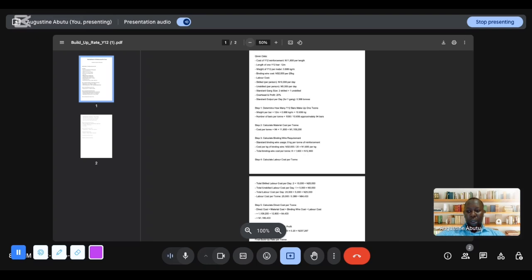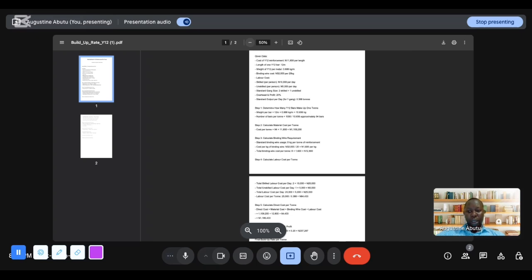So now we want to know the cost per ton. You divide the total labor, which is 25,000, by their output. It will give you 64,433 naira. So that's your labor cost.